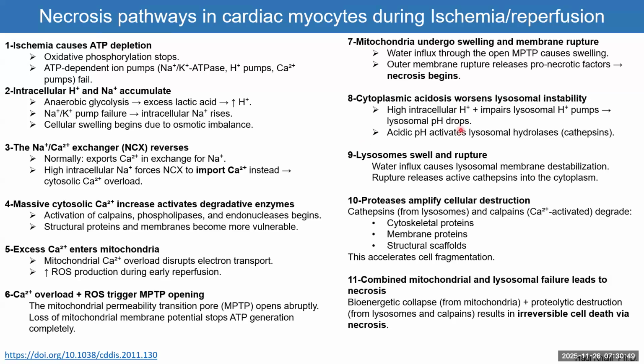And therefore, at a certain point, the cell is going to rupture and all the components of the cell are going to be released. So this is at step 9, where you have the water influx and then the rupture of those hydrolases. And those hydrolases will complete the process of dismantling the cell. And therefore, at this point, it's the irreversible death of the cells.